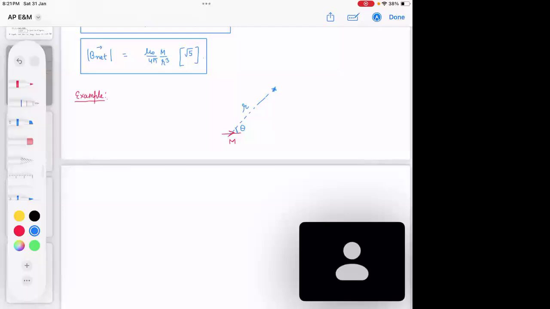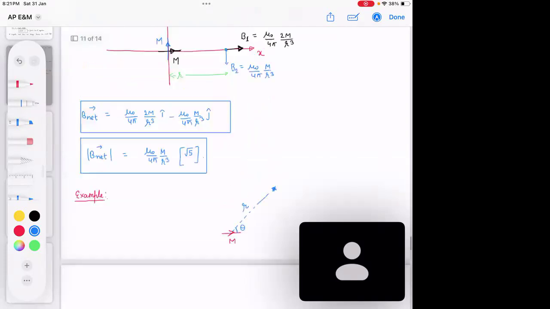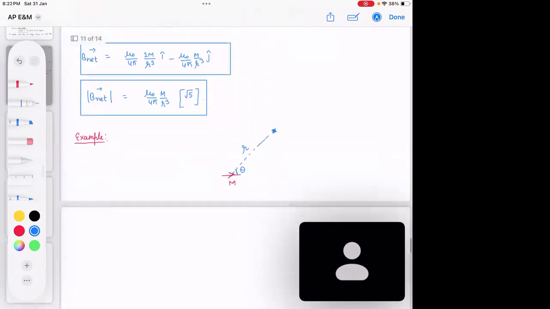Now, in the question, they are asking what will be the net magnetic field at this point. So here, can you tell me what you are going to do to calculate the net magnetic field at that point? Please tell me. We also said how we calculate this magnetic field, right?